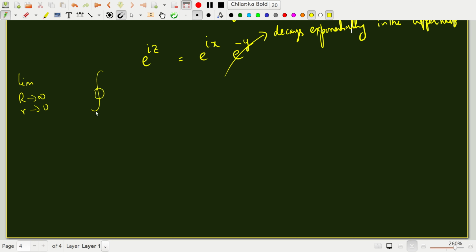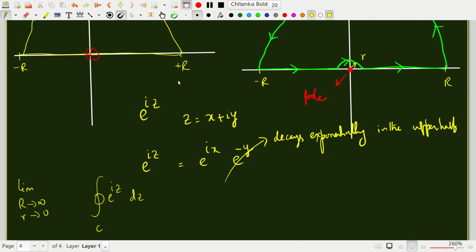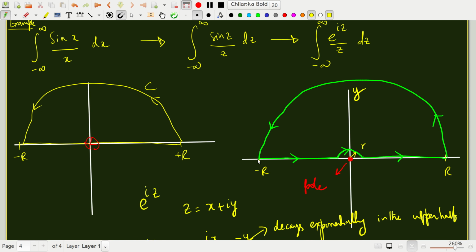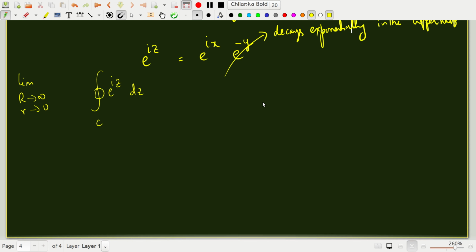So the contour integral of e to the iz dz is comprised of 4 bits. The first bit is from minus R to minus small r, then you go around in a semicircle from minus r to plus small r, then you go from plus small r to plus capital R, and then you go around this big semicircle. These are the 4 bits.